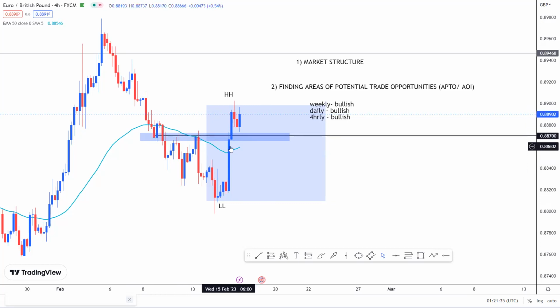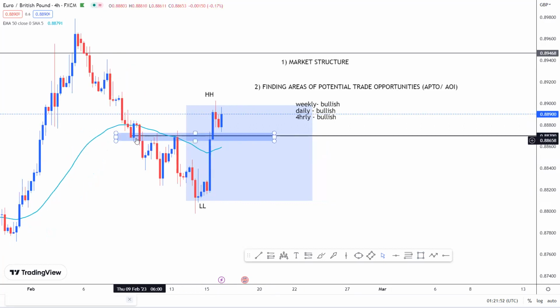And then clearly we have a break above the level. So we can see lots of touches from this level, hence making this level a key level, because previously we had support, then resistance, second resistance, and then we see price clearly break above the level.